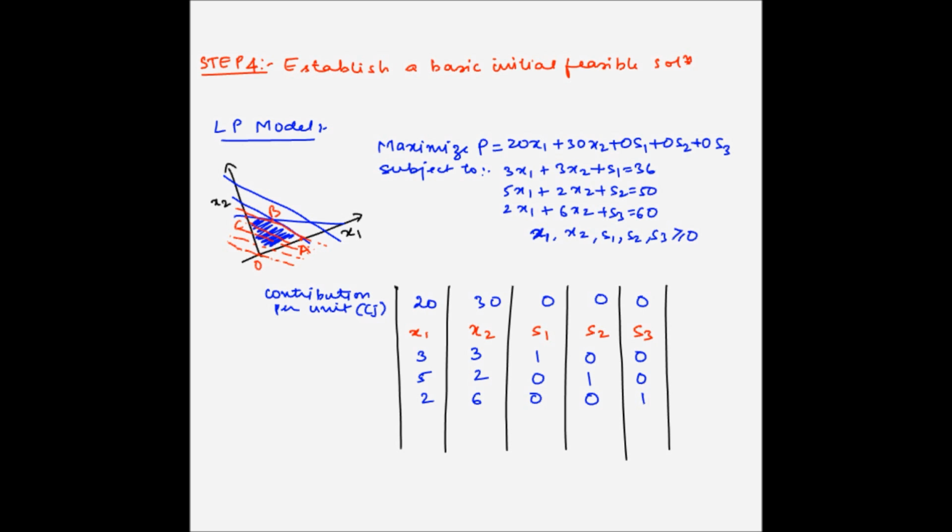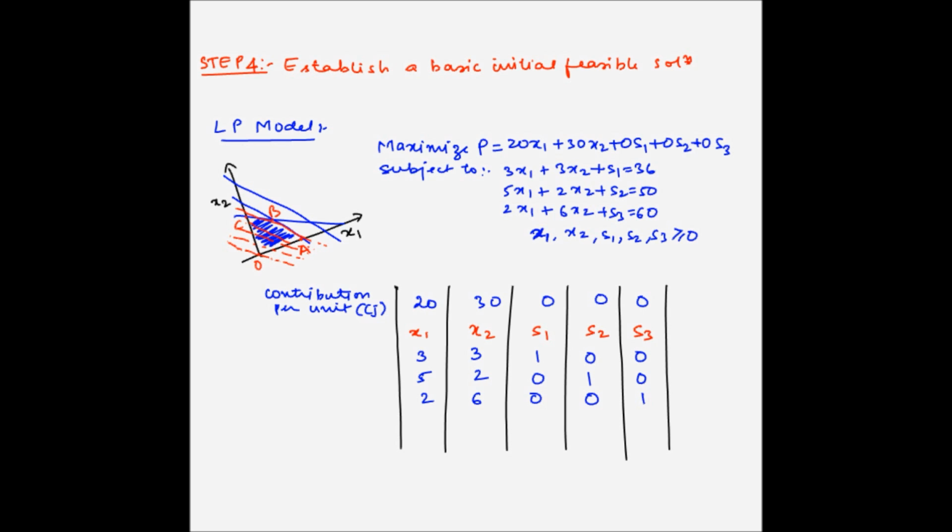And the farthest point which the objective function line touches on the feasible solution region, that point becomes the optimal solution. Also, we have established that the optimal point is at one of the corner points of the feasible solution region. So O, A, B, C, generally the optimal point is one of these corner points.